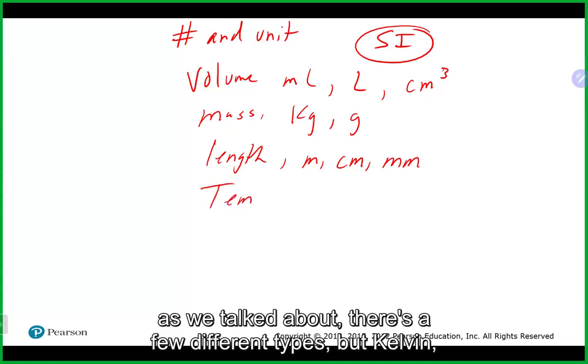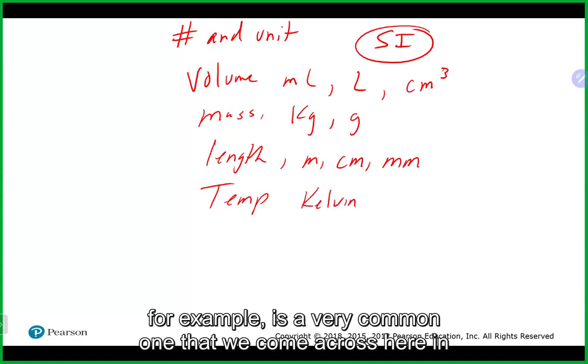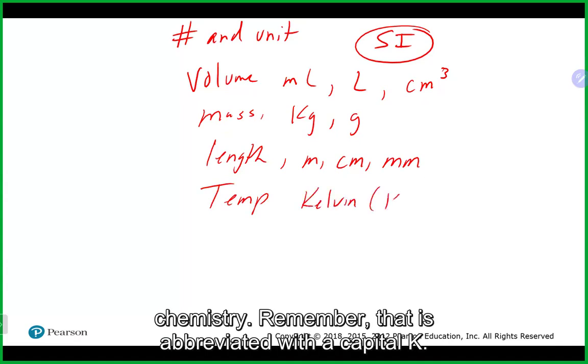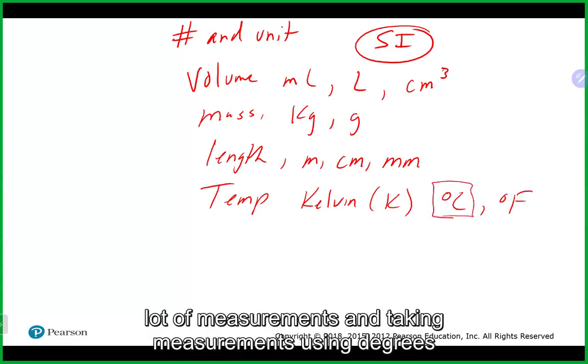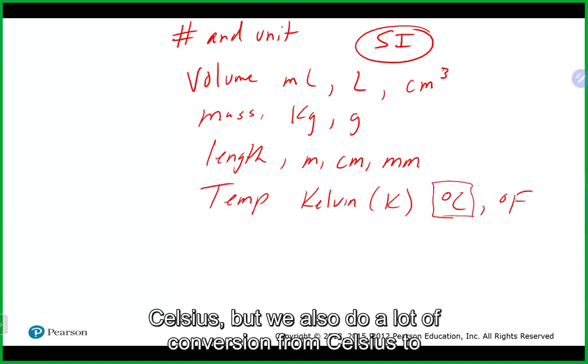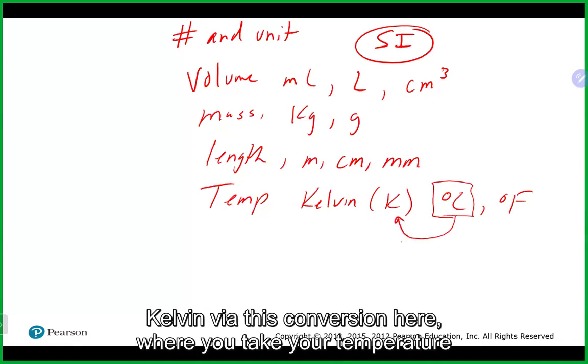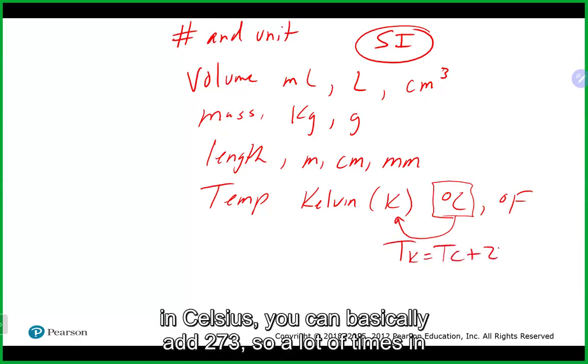For temperature, there are a few different types, but Kelvin is a very common one that we come across here in chemistry. Remember, that is abbreviated with a capital K. We also have degrees Celsius and degrees Fahrenheit. We do a lot of taking measurements in degrees Celsius, but we also do a lot of conversion from Celsius to Kelvin, where you take your temperature in Celsius and add 273.